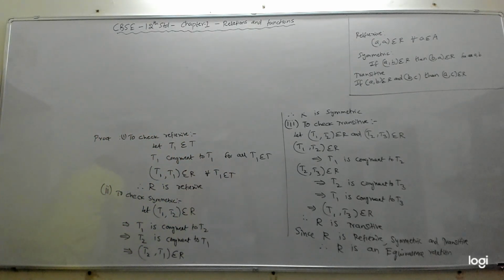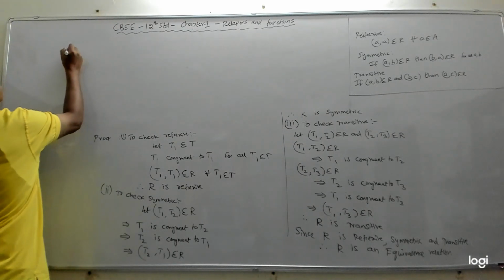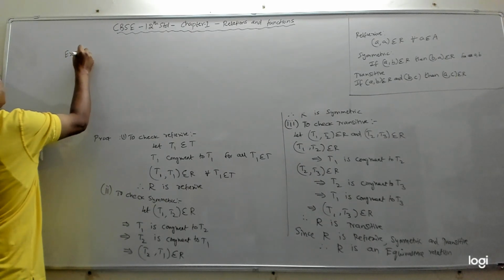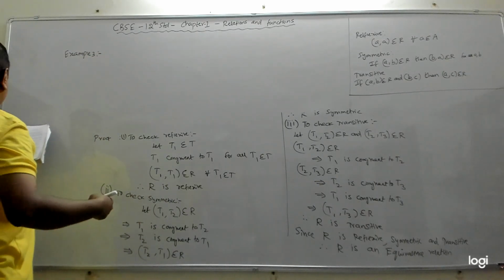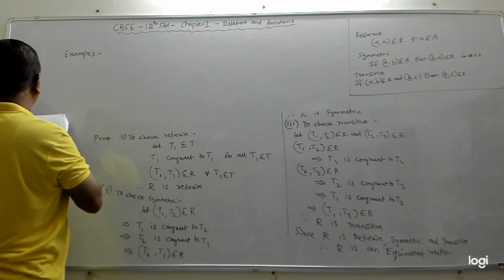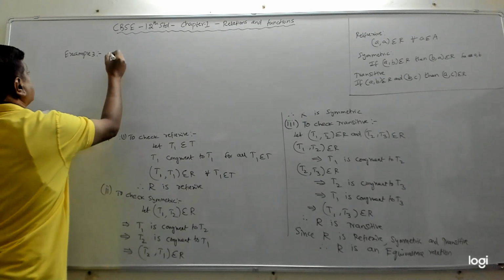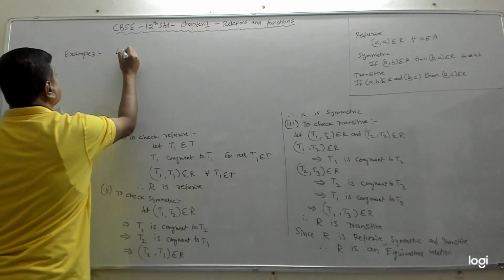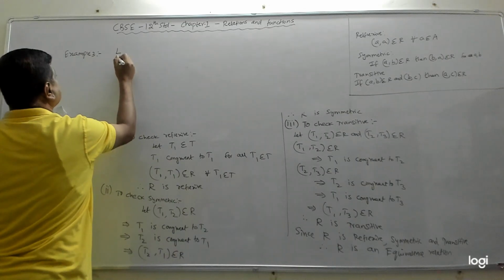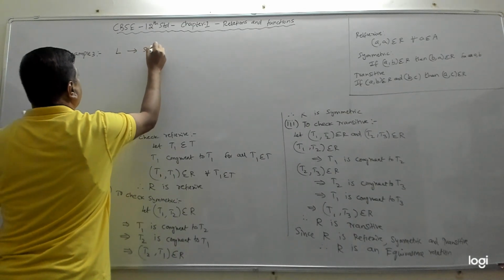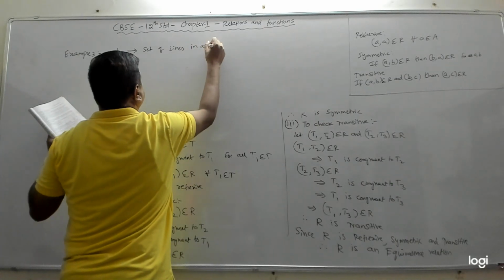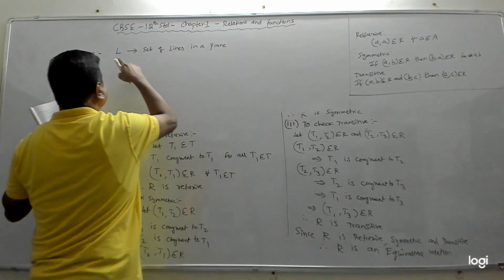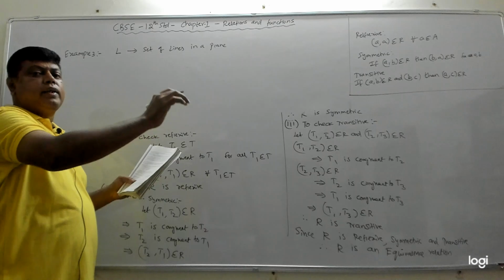So what is example 3? Again, it is given as example 3 in your textbook. Let L be the set of all lines in a plane, which means this L is a set which has all lines in the plane.